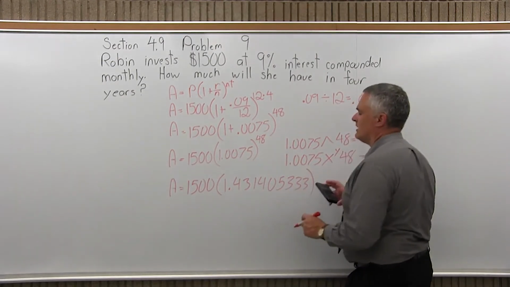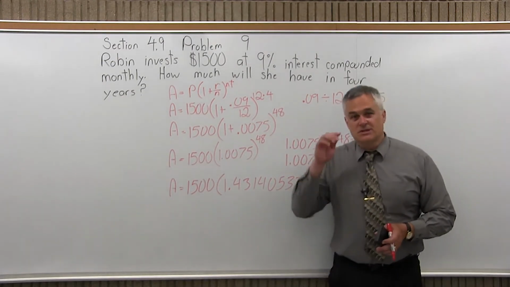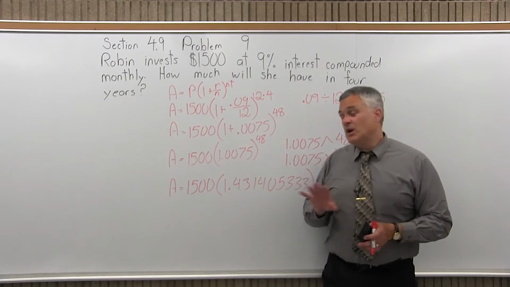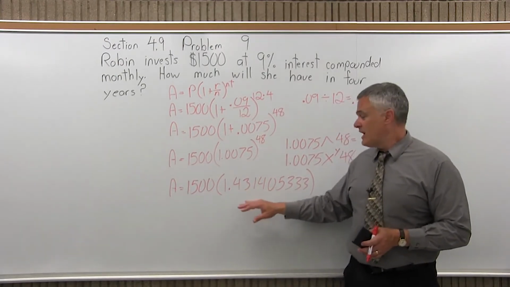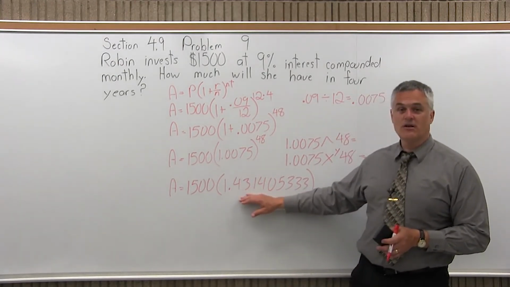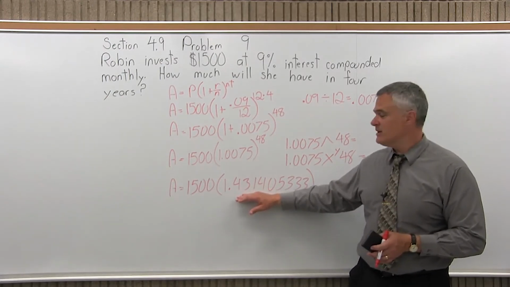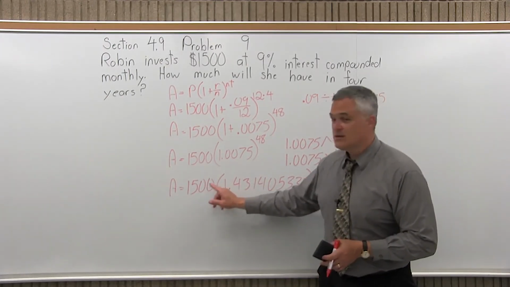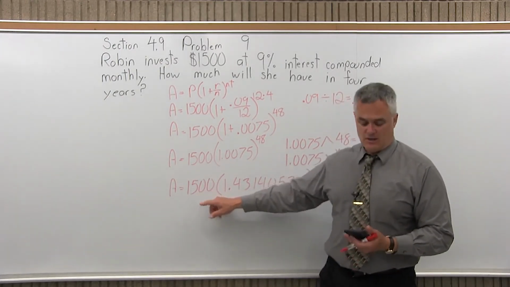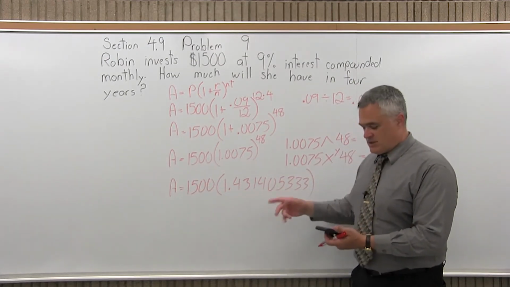That's the number on the screen. Now, that's a lot more decimals than I need, and I will round it off, but not until the end of the problem. For now, I'm just going to leave that on the screen of the calculator. That's on my screen. I'm just going to leave it, and I'm going to do times the number in front. So times 1,500. So the 1.43 something is on my screen now.